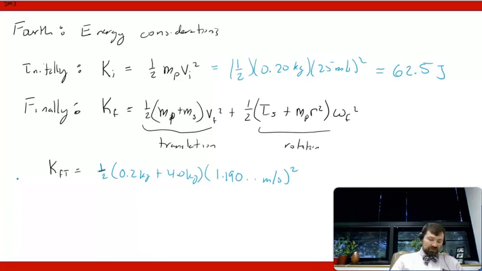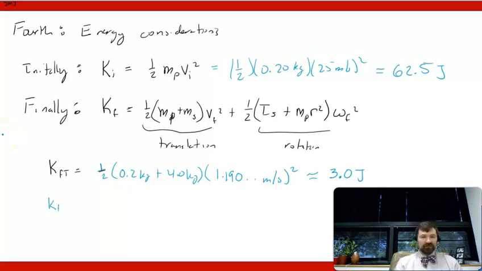All right, so 1.19 squared is 1.41 times half of 4.2 gives us 2.9738 joules. So we'll just call that about 3.0 joules.